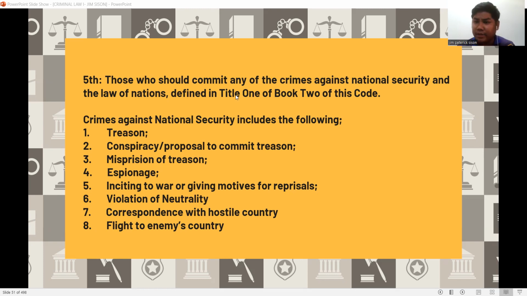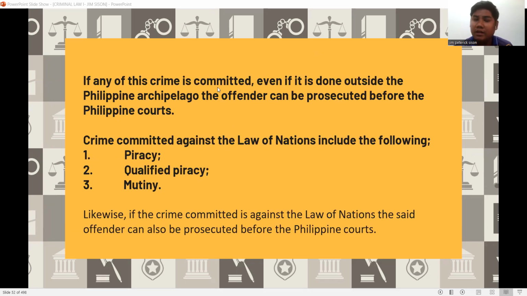Then conspiracy and proposal to commit treason, misprision of treason, espionage, inciting to war or giving motives for reprisals, violation of neutrality, correspondence with hostile country, and flight to enemy's country. And if any of these crimes is committed, even if it is done outside the Philippine archipelago, even if in the US, Japan, or China, the offender can be prosecuted before the Philippine courts.